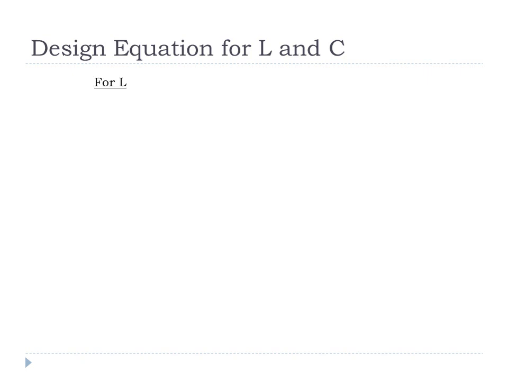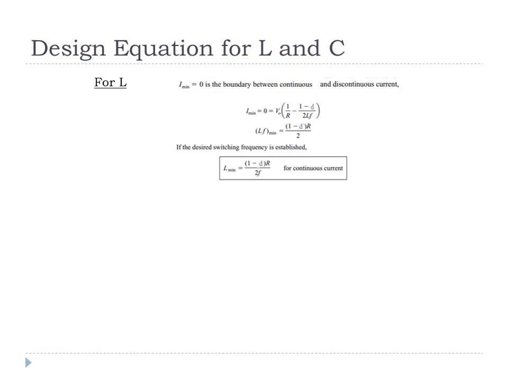To find out the value of inductor, we determine the boundary condition. The boundary condition is in terms of I minimum, because I minimum is 0 at the boundary, which is the condition between the continuous and discontinuous current mode. Because for the continuous current mode, I min can only be positive. So we use the condition I min equals 0, and we use the expression of I minimum, which we have already calculated.